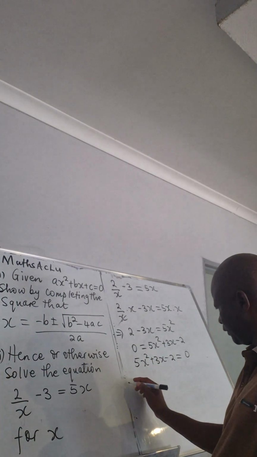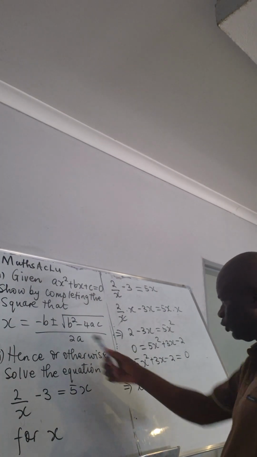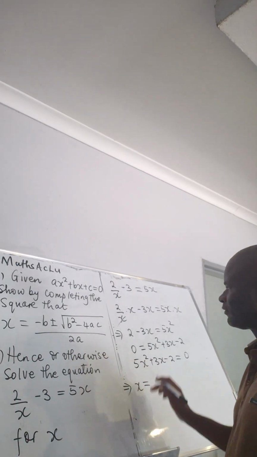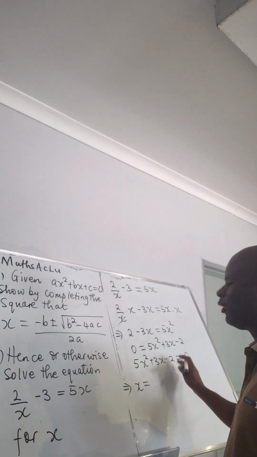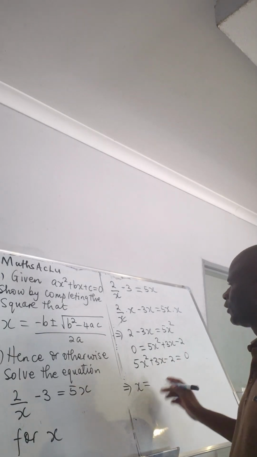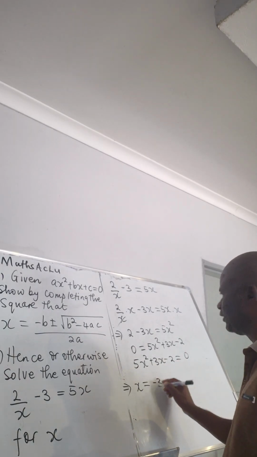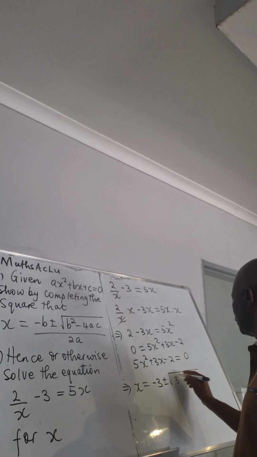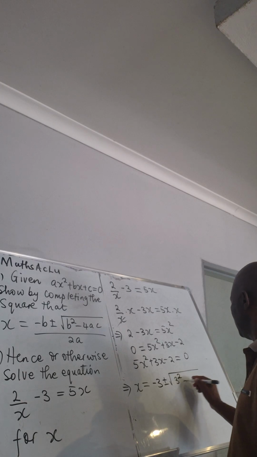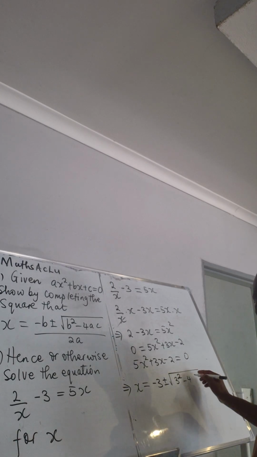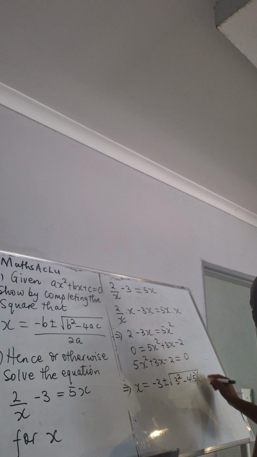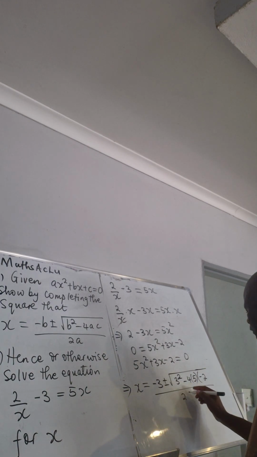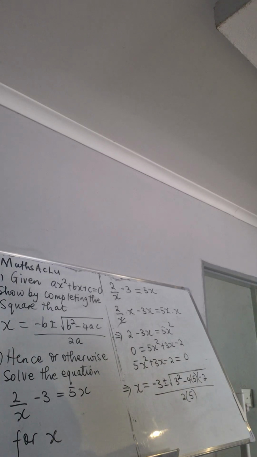So now from here, this implies our x is equal to, using the previous results, our a is 5, our b is 3, our c is minus 2. So minus b is now minus 3, plus or minus the square root of 3 squared minus 4 times a, which is 5, times c, which is minus 2, all over 2 times 5.